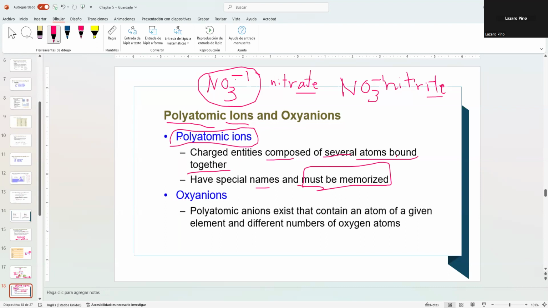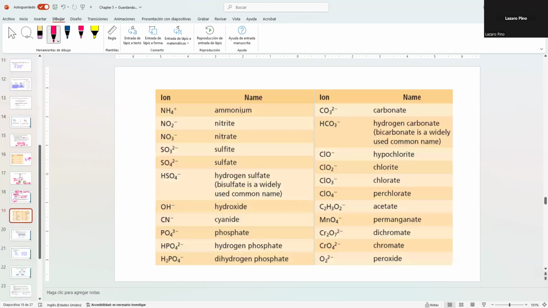And we have a special type of ion, oxyanions. The oxyanions always contain oxygen, like in the case of nitrate. Every time you have oxygen, you are in front of an oxyanion. Here you can print this table and use it in the exams, in mastery, wherever you have to answer a question.